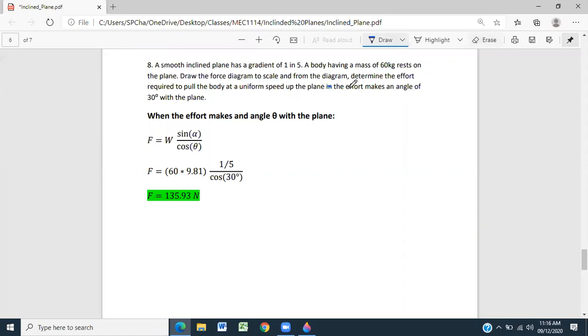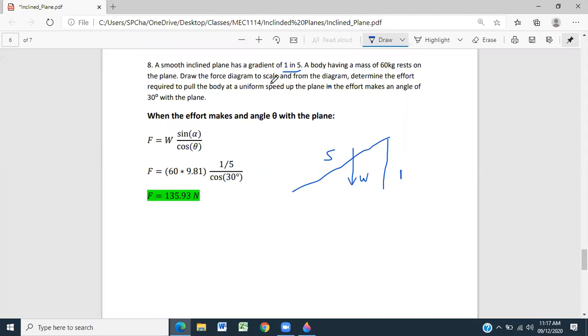Yeah. So this is that unusual case we did, right? So the inclined plane is 5 in 1, and the mass is of course 60 kgs. So we know the weight.